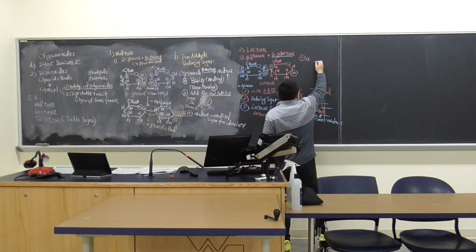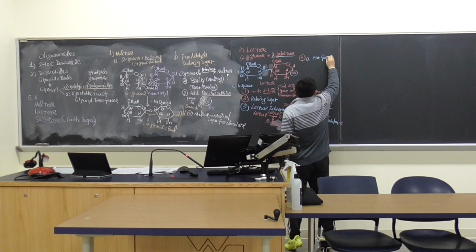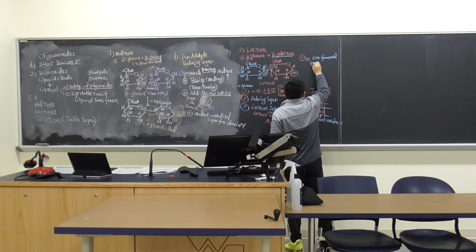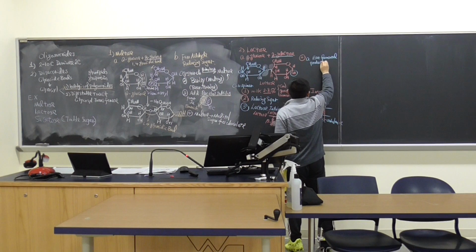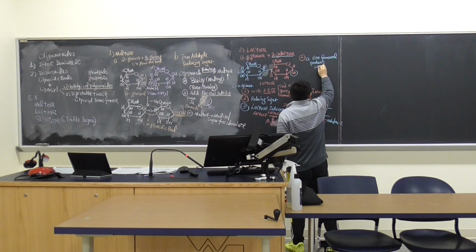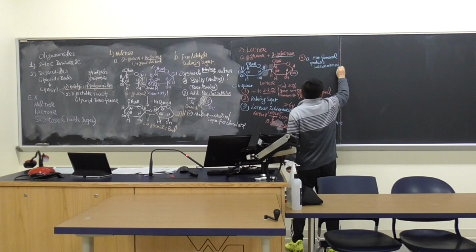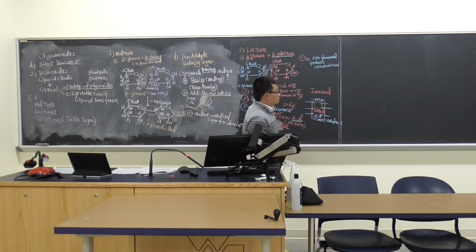Number one, you have to eat some fermented products. Okay, so fermented dairy products, because when you eat fermented products, the lactose will become lactate later. So the lactose is gone.